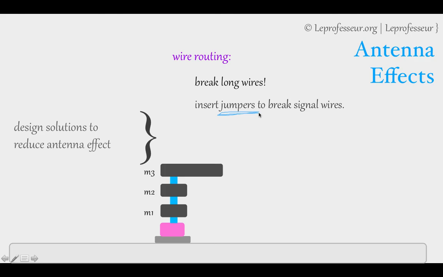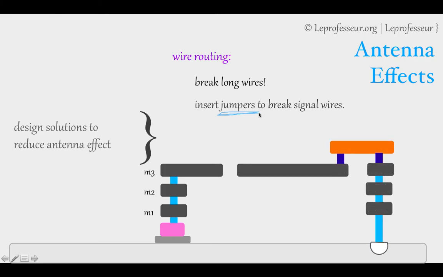So in our example, we can visualize it in a simple way. Here, the red color rectangle is the jumper. What we did here, we simply broke this whole M3 long wire into two pieces and connected these two pieces at a higher metal layer via the jumper.